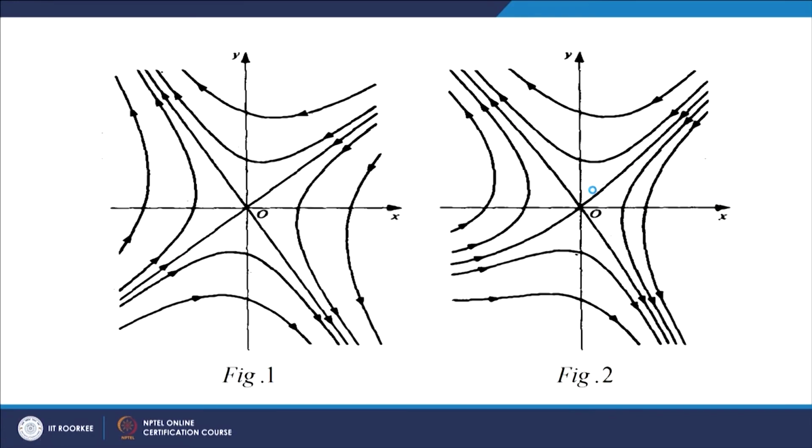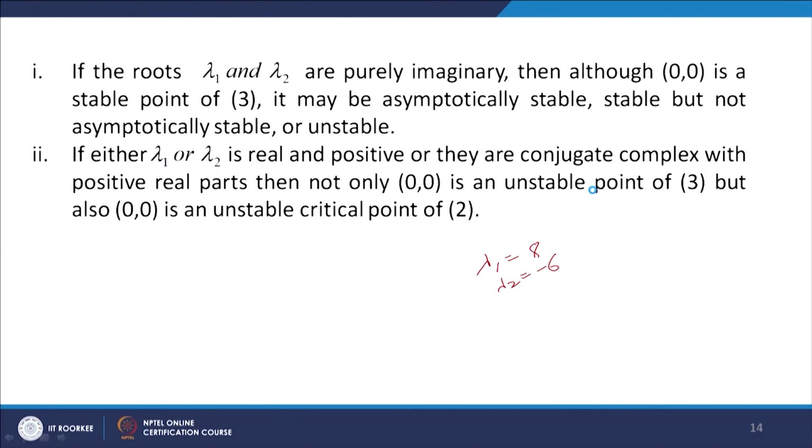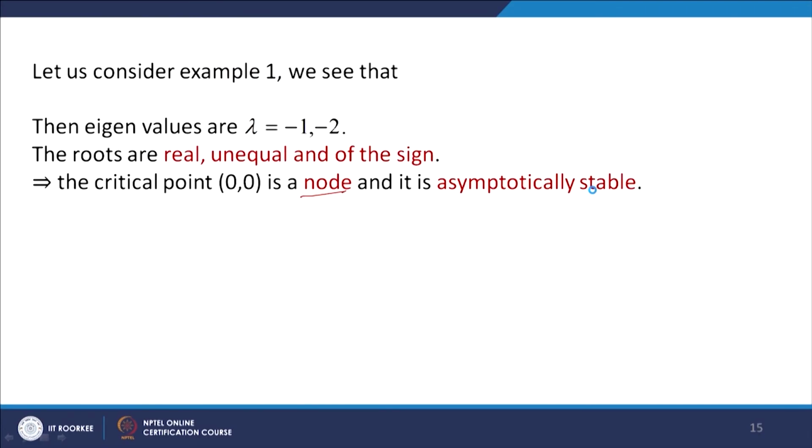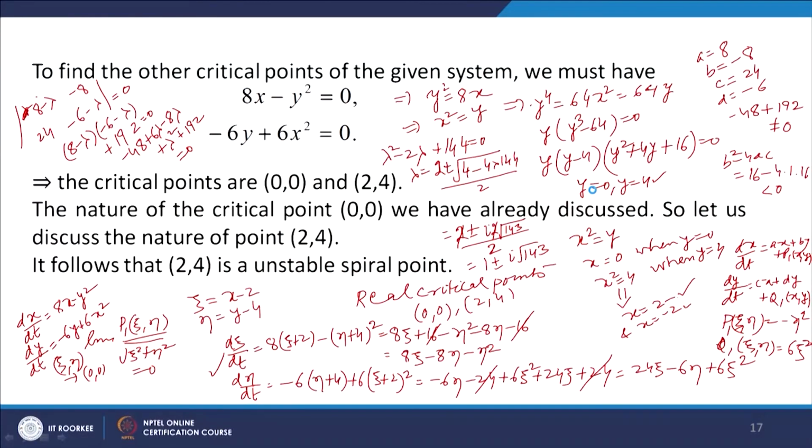So, 2, 4 is a spiral point, and regarding stability, if lambda 1 and lambda 2 are conjugate complex with positive real parts, then not only is 0, 0 an unstable point of the linear system, but also it is an unstable critical point of the nonlinear system. So, 0, 0 in the xi eta plane is an unstable point. So, it is an unstable spiral point.